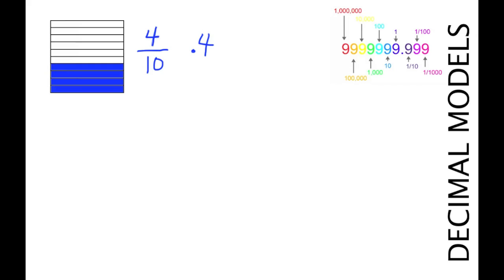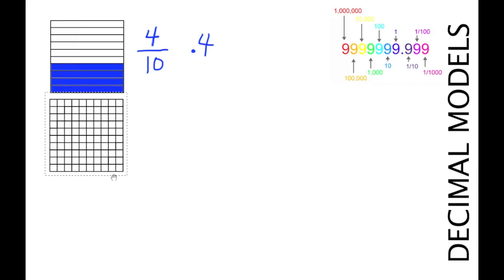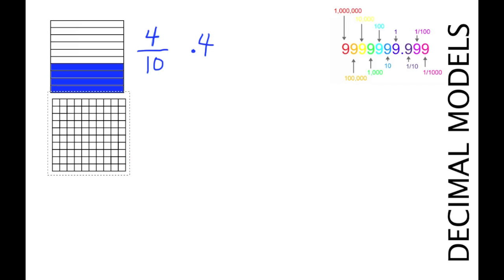Now, I could do the same thing with hundredths. Get myself a square with 100 parts, fill in a few of them, and I filled in 23 parts, so 23, and this time it's out of 100, and so my fraction is 23 hundredths.